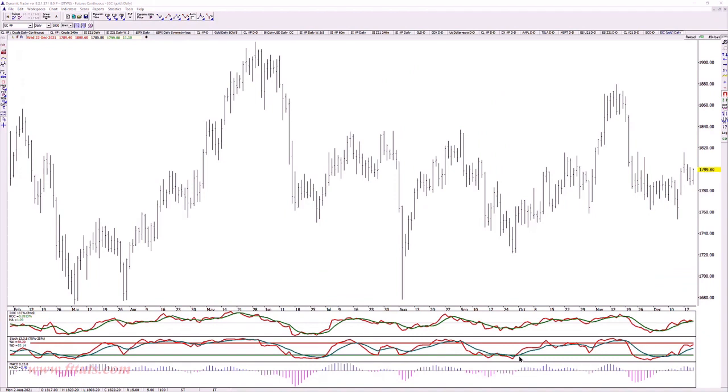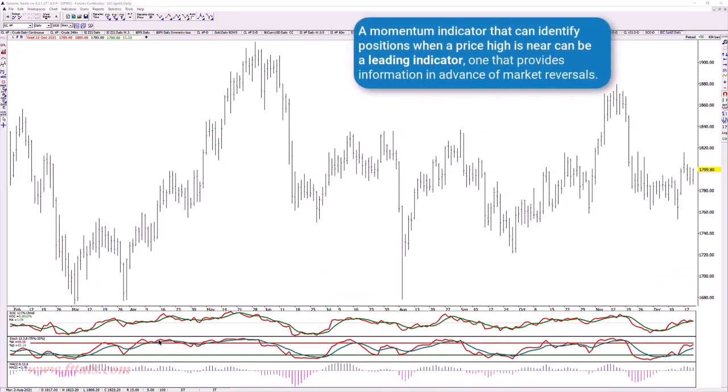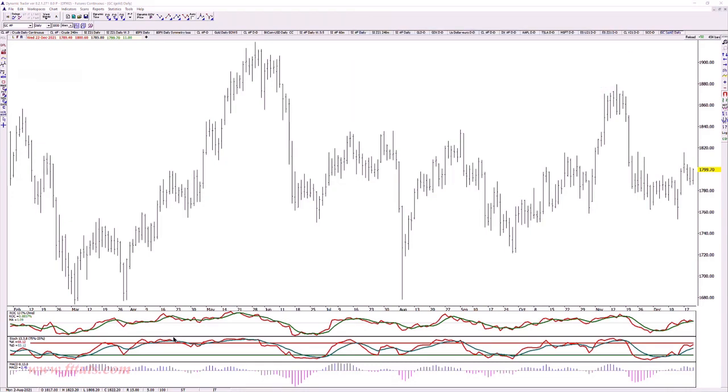Now, it's not by any means perfect, because the main weakness, as with any indicator, is in a strong trend. Let's look at this period: it's overbought and remains overbought for an extended period of time. So reaching the overbought zone is not necessarily a warning that we're within bars of completing a price reversal.